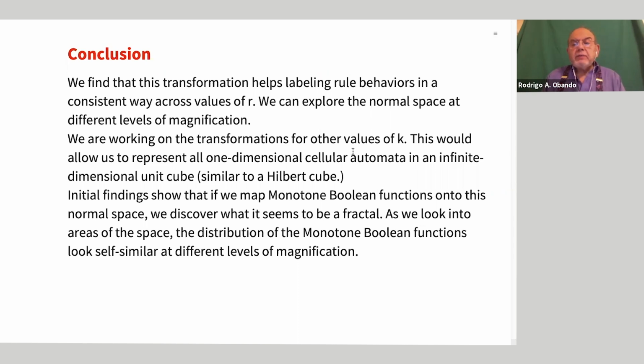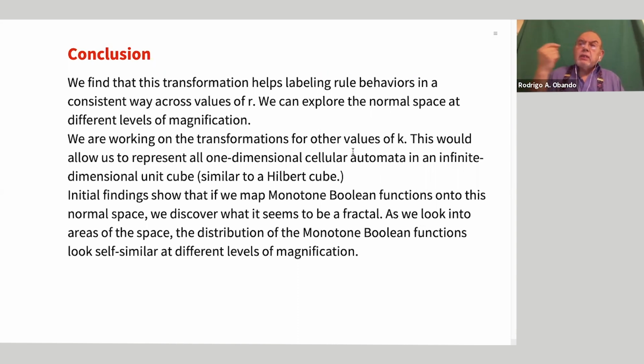The initial findings, I don't have this to show, but it occurred to me that I could look into this normal space and take a look at the functions. Remember that every single one of the cellular automata rules is a function. They are Boolean functions.